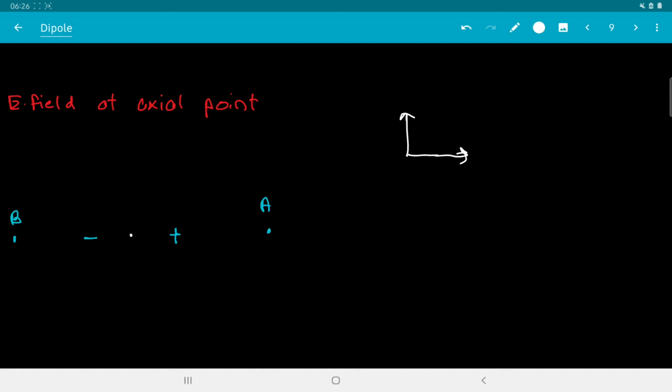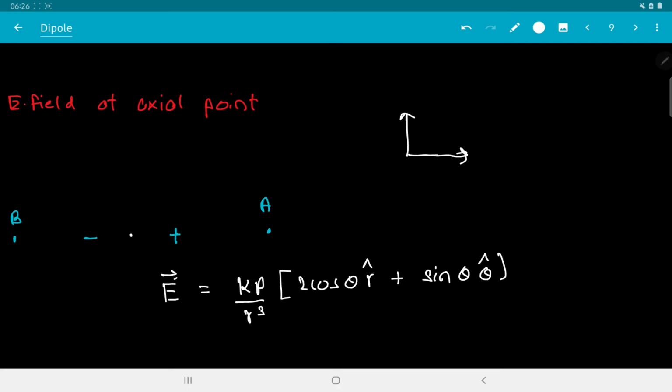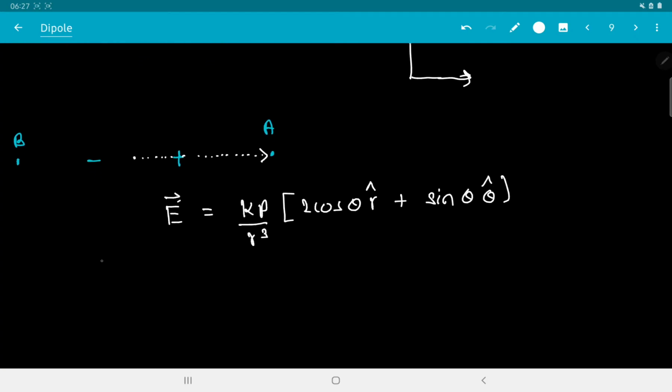So here at point A, if we apply the equation for electric field which we have derived, which is Kp by r cube, we have 2 cos theta r cap plus sin theta theta cap. For point A, as you can see, the r cap will be in this direction, and the theta for A will be 0.